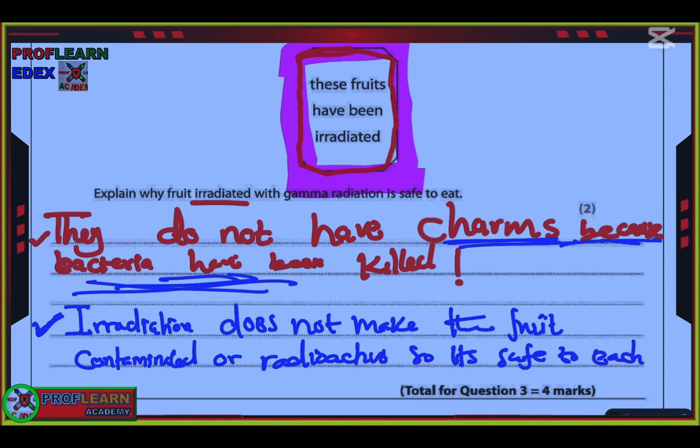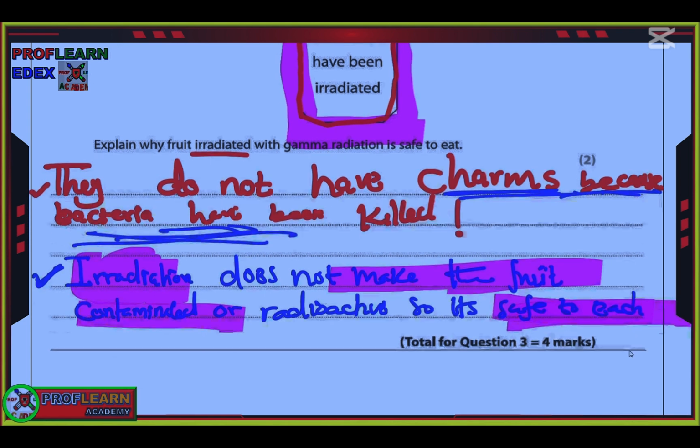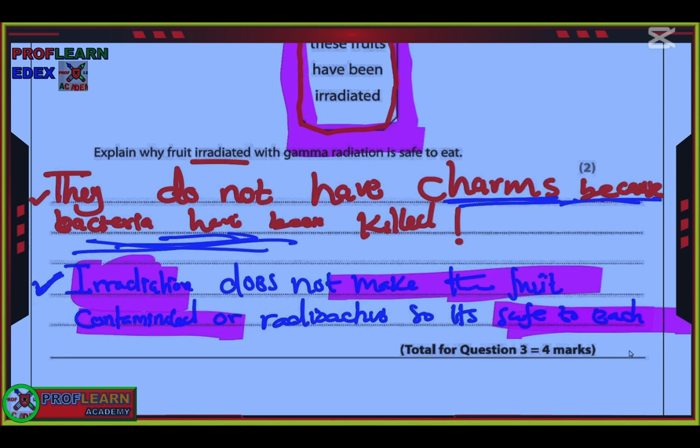The other reason is that irradiation does not make the fruits contaminated or radioactive. So it's safe to eat. It's upon you to decide, but this is the logic behind it. We can eat them because they don't become radioactive, they are not contaminated.